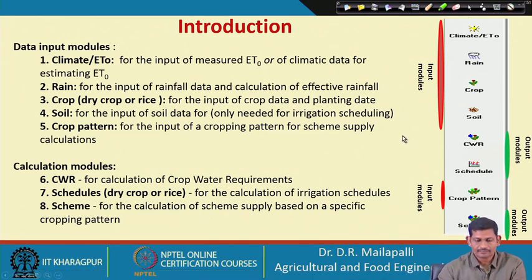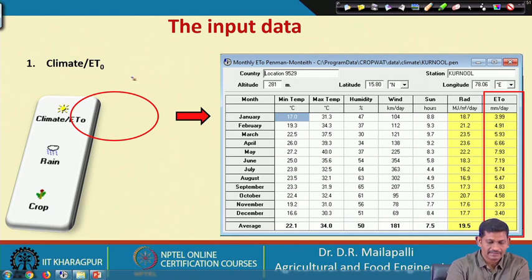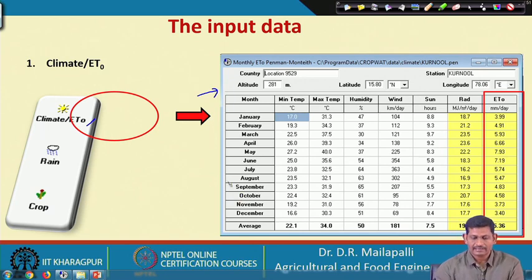For example, the moment you click climate, this particular window will appear, and then you can punch in the input data, or you can also import the data from an open window. Here, for example, the location is given: latitude, longitude, and the station name.